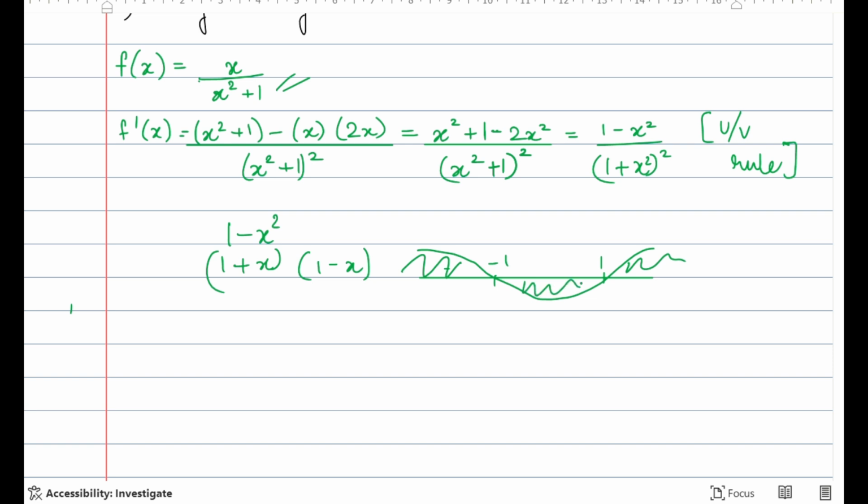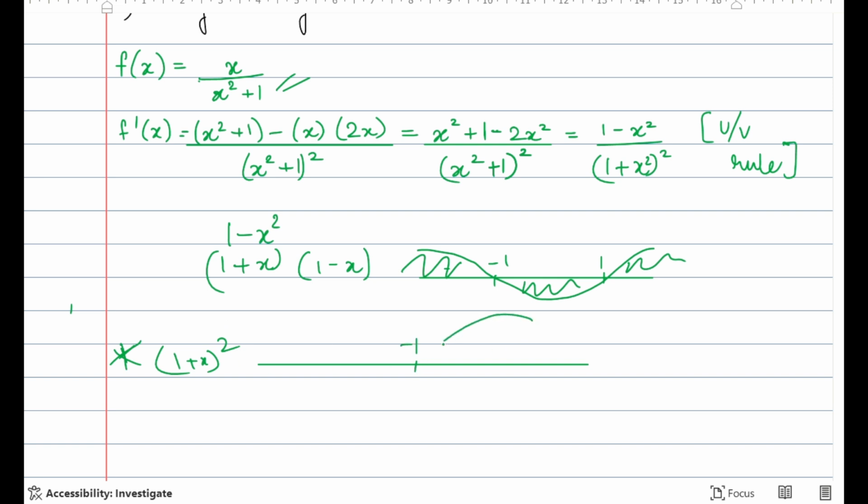Really easy. Now there are some cases wherein, instead of 1 minus x square, it could have been 1 plus x the whole square. What would you do in that case? This is only an if situation. If you get 1 plus x the whole square somehow, suppose this is your number line and this is your factor minus 1.